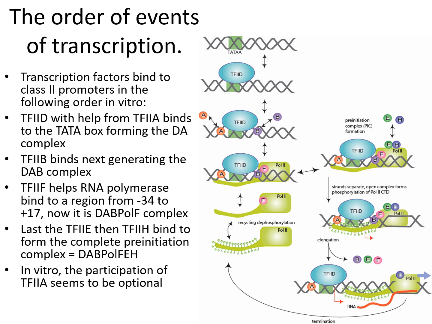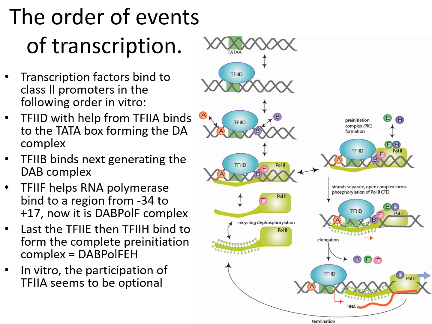Then TFIIB binds next to generate the DAB complex. TFIIB is critical for the assembly of the initiation complex and for the location of the correct transcription start site. Subsequently, TFIIF binds tightly to RNA polymerase II, and this complex binds stably to the promoter.